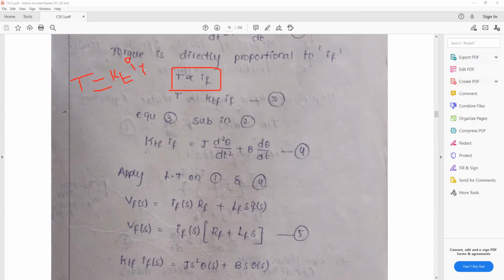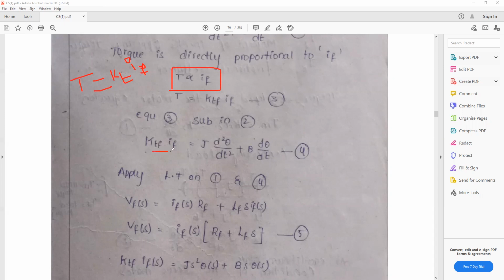Equation 3 substitute in 2: KTF into IF is equal to J into d square theta by dt square plus B into d theta by dt.